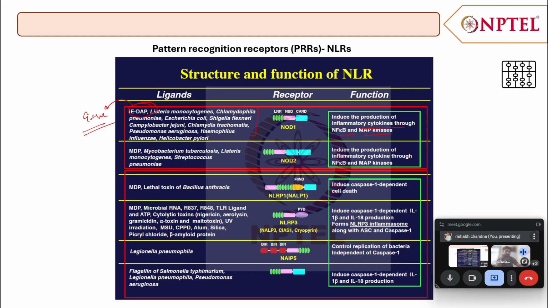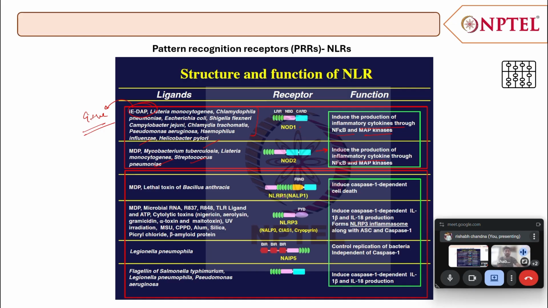Then NOD2: MDP, Mycobacterium tuberculosis, Listeria monocytogenes, and Streptococcus pneumoniae activate NOD2, and they also induce the production of inflammatory cytokines through NF-kappa B and MAP kinases. So this is how they function in the cytoplasm.